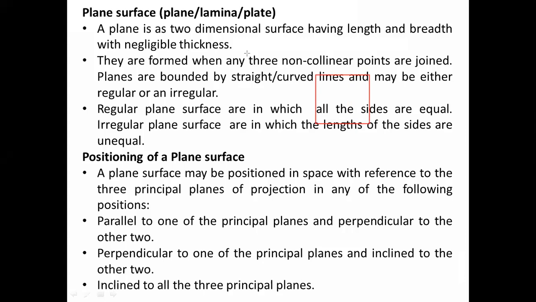So they write one sentence: the regular triangle of 35 mm. What does it mean? Regular triangle of 35 mm. What does that mean? No, just read here. Read this point.